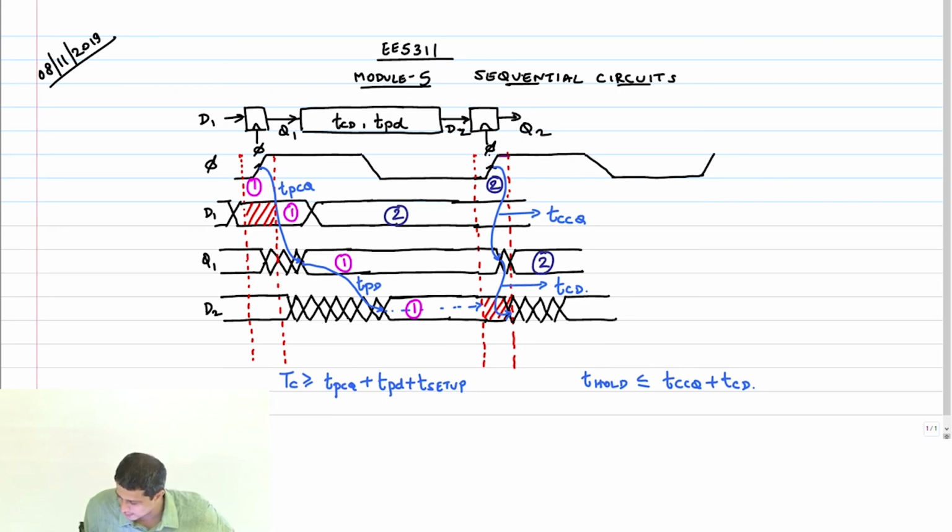Okay. So now we basically come and add the condition of skew. So we say that this clock edge can move like this. So for the max delay constraint, this is the worst case delay.